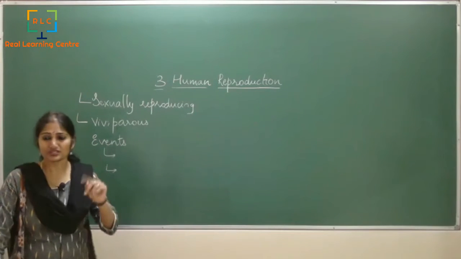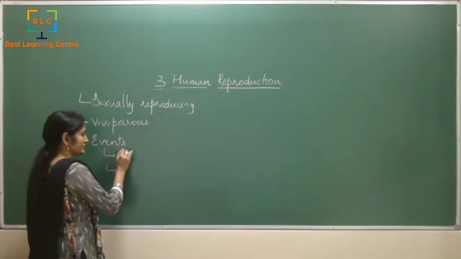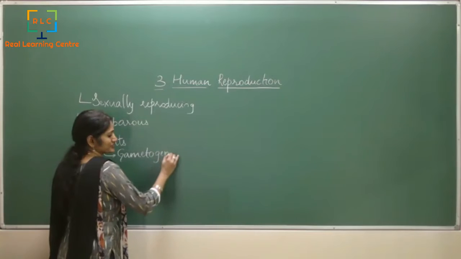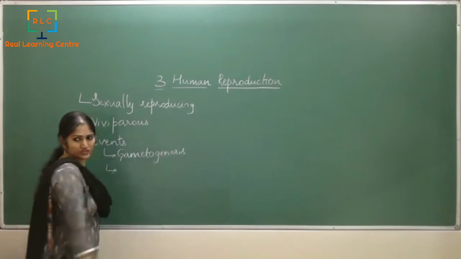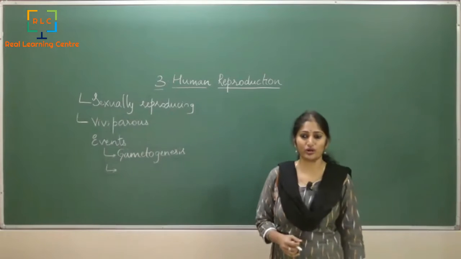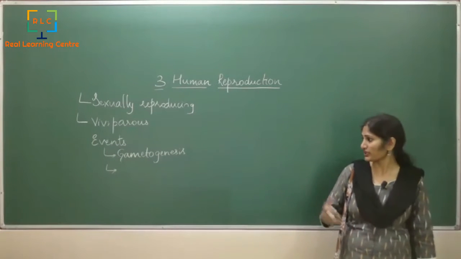The first and foremost step in reproduction is a process which we call gametogenesis. Gametogenesis is basically a process where the gametes are formed, right? There are two types of gametes: we have the male gamete and the female gamete.